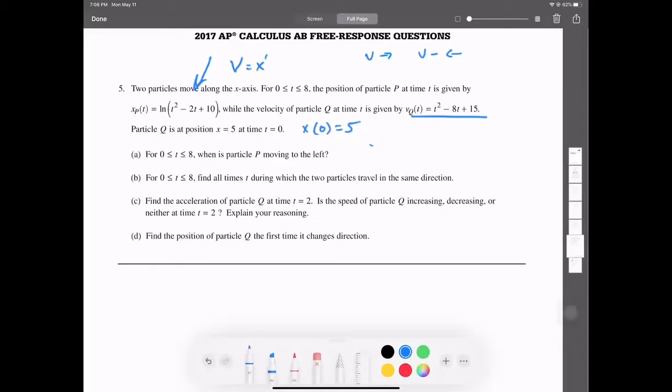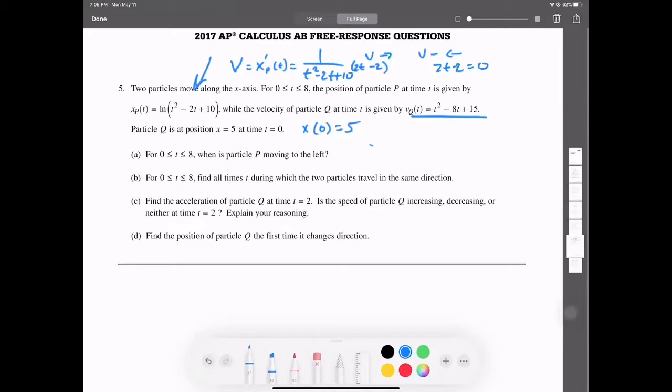In this case, p of t, and x prime would be 1 over t squared minus 2t plus 10, because the derivative of natural log is 1 over that, multiplied by chain rule, which is 2t minus 2. Now, when will this value ever become negative? Let's check the top right now. When does 2t minus 2 ever become 0?